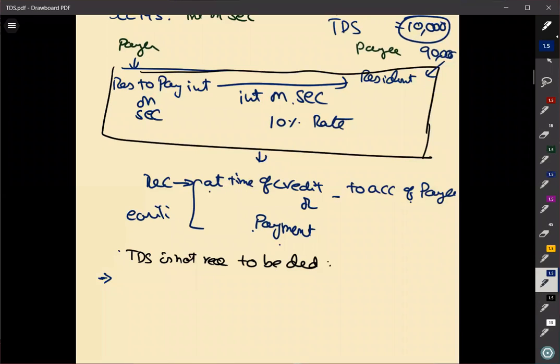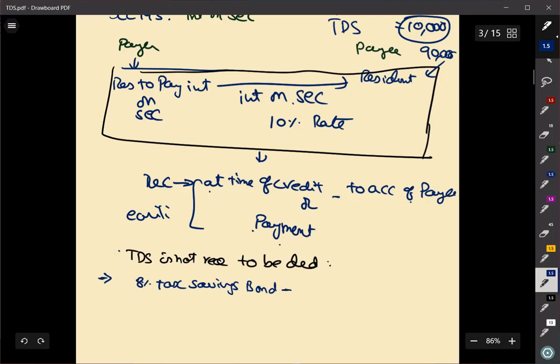There is something called 8% taxable tax saving bonds. On this bond, you are getting some interest. If the interest does not exceed rupees 10,000 per annum, then TDS is not required to be deducted on these bonds. That's what the first point says.